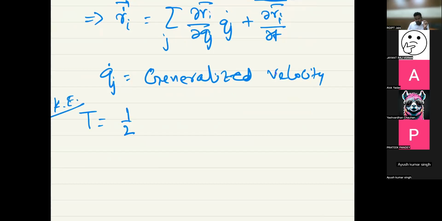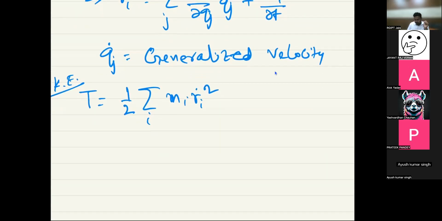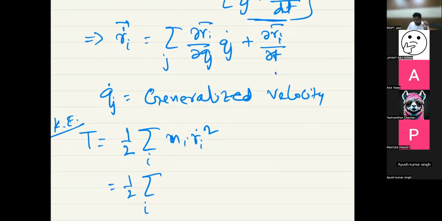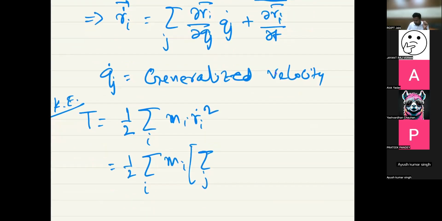You should do this as homework and find out that we can write the kinetic energy as a sum of half mi ri dot square. Then what is ri dot? We wrote ri dot, right? So we can replace it: the sum over j of del ri by del qj times qj dot, plus del ri by del t.